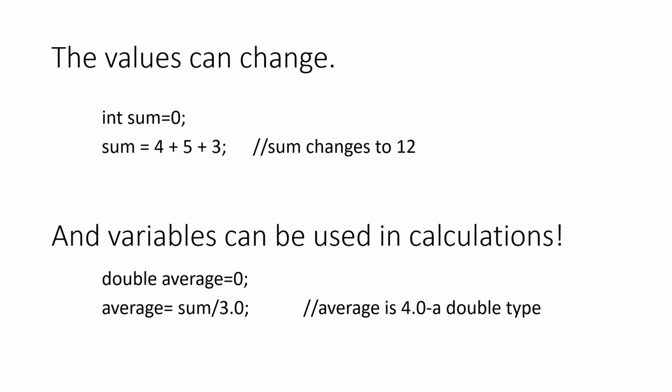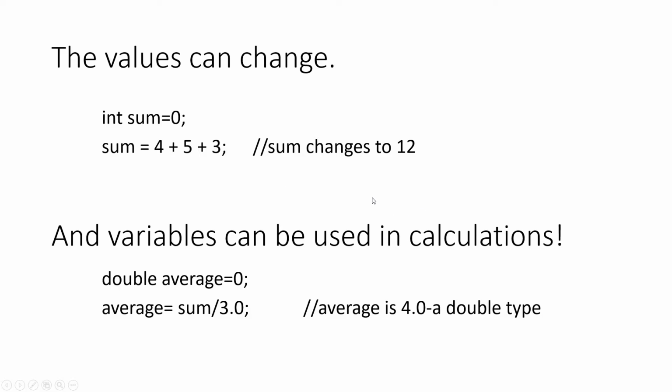In math, it would perhaps be written the other way. And one would think that the two are equal in some way. They're not. It's 4 plus 5 plus 3 gets assigned to the value sum. So let's lose the equal sign, except in speech we are going to talk about it as an assignment.